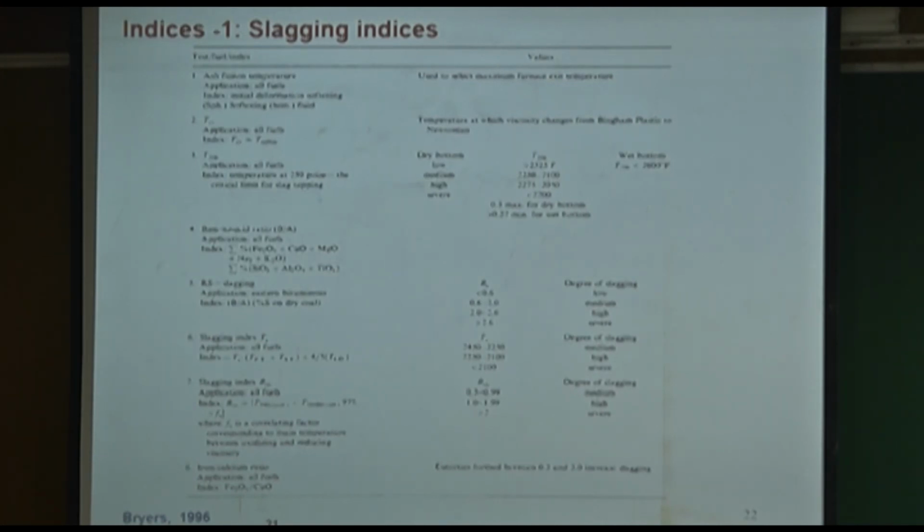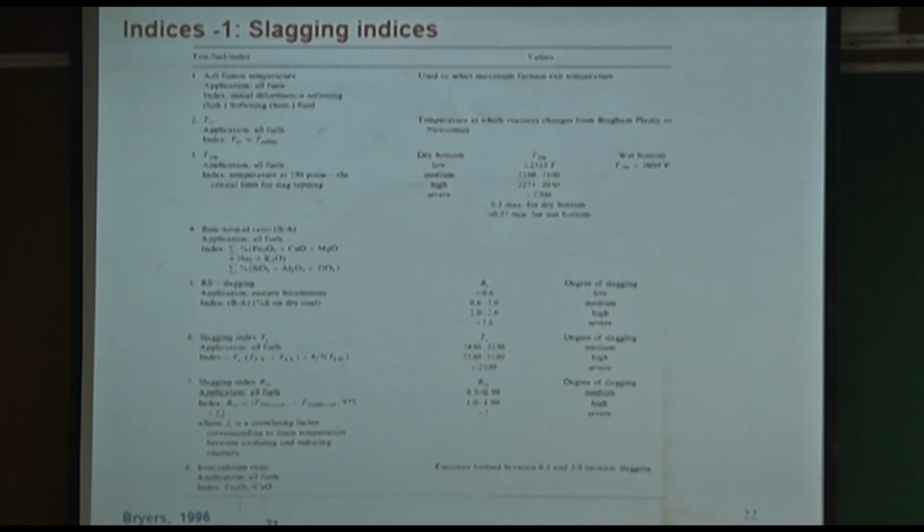Again, I have copied and pasted it from Breyer's book, hurriedly done for copying. So one of the ways to understand whether slagging will be problematic or not is to do the ash fusion temperature measurement, because that is then used to select the maximum furnace exit gas temperature.